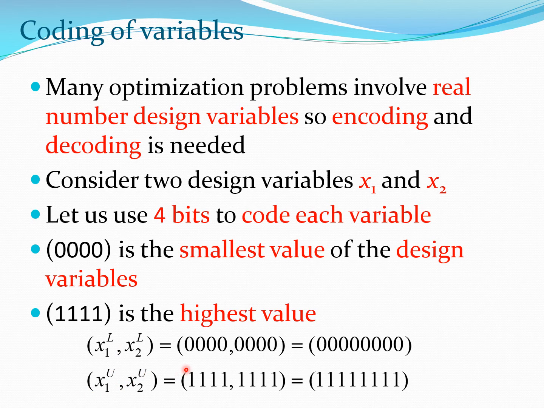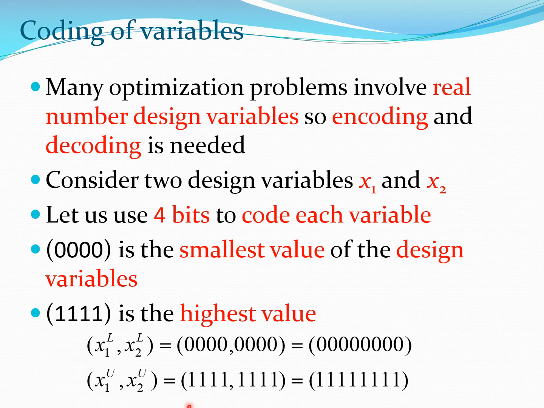Then the lower bound would be 0 0 0 0, that's one substring. Second substring would also be 0 0 0 0. In the case of the higher bound, you would have 1 1 1 1 and you would have 1 1 1 1. Now we can remove this comma here because we know that we have done a 4-bit coding, and we can write this as one string here, keeping in mind that each of these 4 bits corresponds to one substring, and this is x1 and this is x2, this is x1, this is x2.